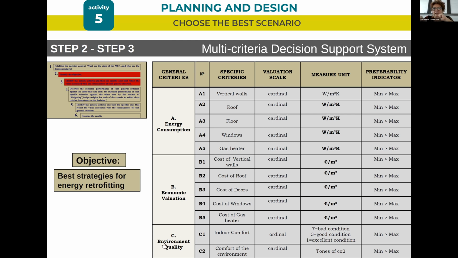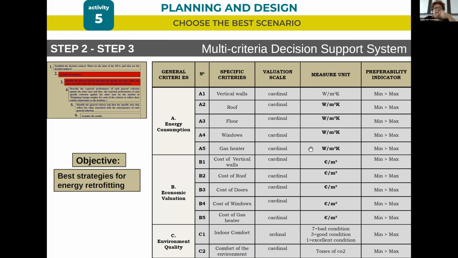For the environmental quality, the indoor comfort and the comfort on the environment. If you see, the evaluation scale and the measure unit are different. How is it possible to combine euro per square meter with the kilowatt? Or 3 beds, so the qualitative aspect with the quantitative element.